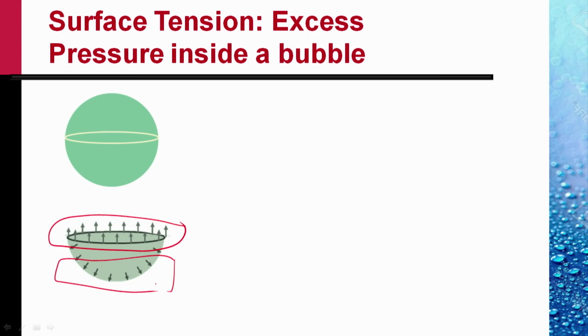But that is only on one side. A bubble has two sides of the surface: one, the outside, in contact with the outside air, and one, the inside, in contact with the inside air. So the total surface tension force would be sigma times 2 times 2 pi r.